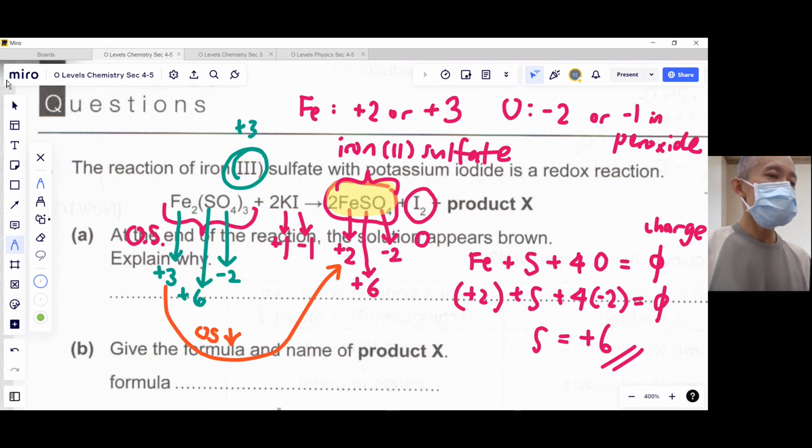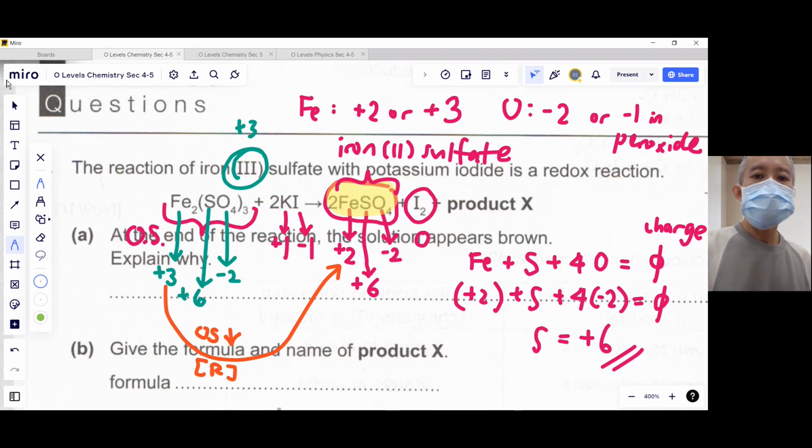That means this is reduction or oxidation? Good. So where is my oxidation? What else has changed? Yes, good.